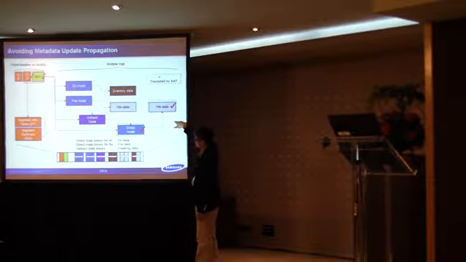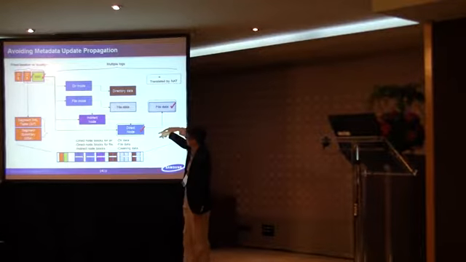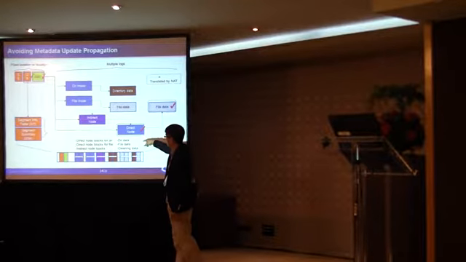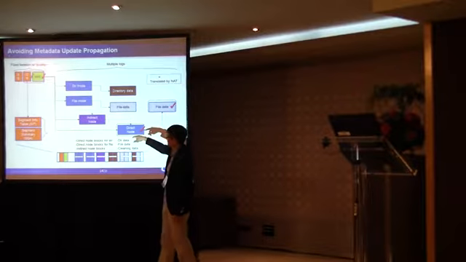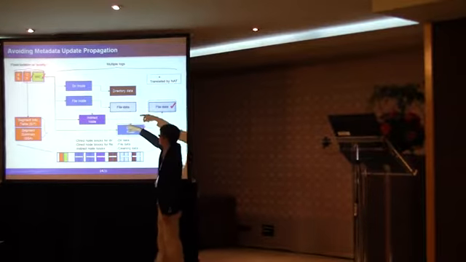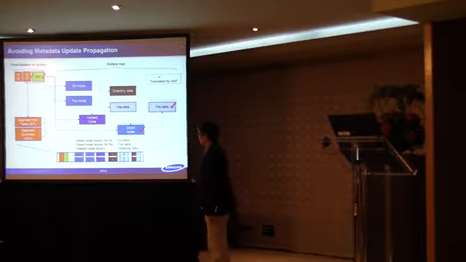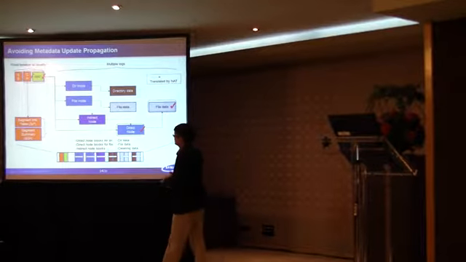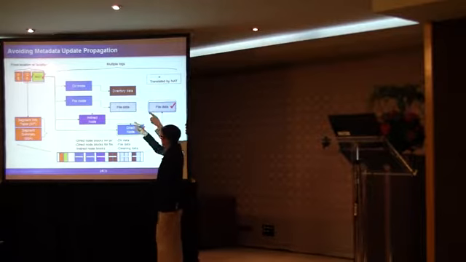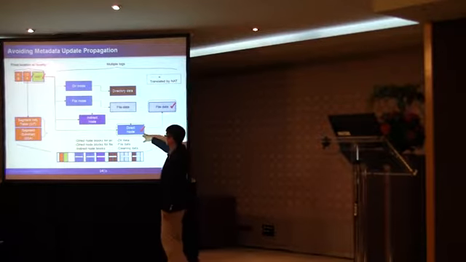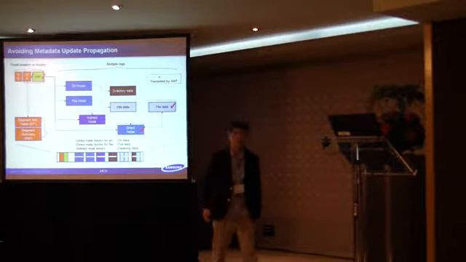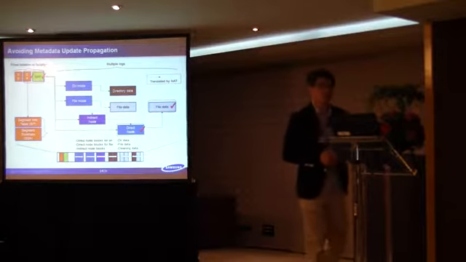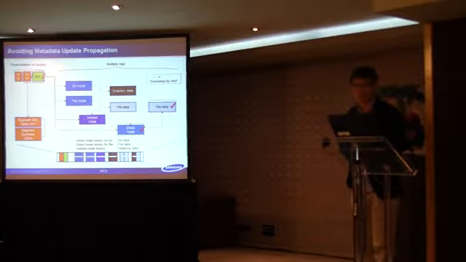The new block's location should be recorded in a direct node, so we write a new direct node here. And that's it. We don't update the indirect node, the file node, or the checkpoint node. But we have to update the NAT, because we have to update the direct node location in the NAT table. So that's all we have to do. That reduces the update propagation in some sense.